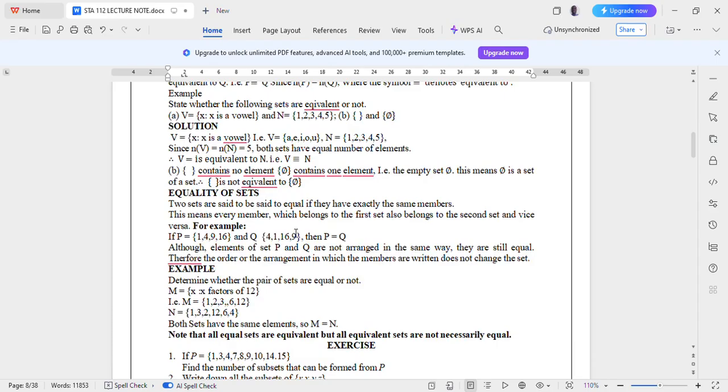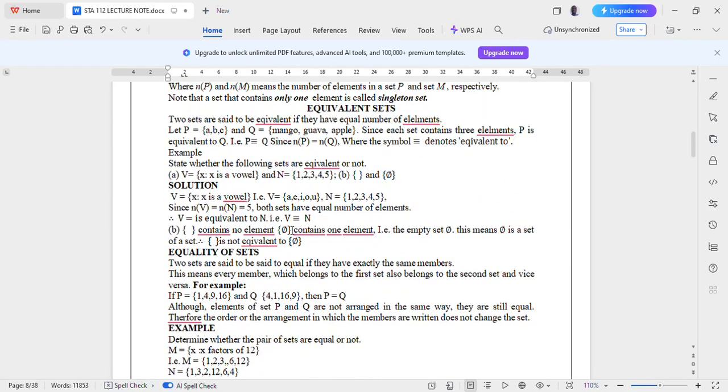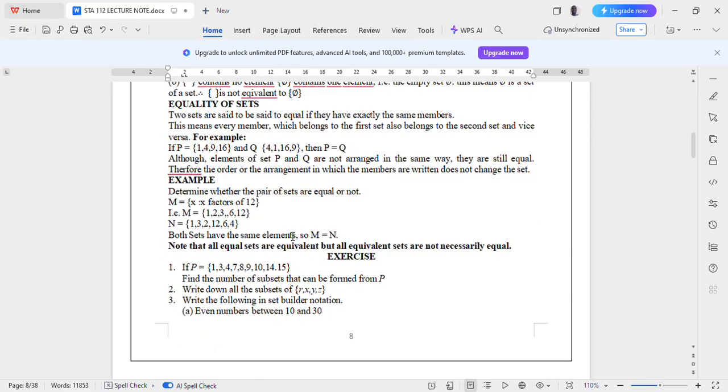There is a difference between equality and equivalent sets. Equivalent sets talk about cardinality, the number of elements, while equal sets must have the same things. They must look alike. What you find in A, you must also find in B for them to be equal. Know that all equal sets are equivalent, but not all equivalent sets are necessarily equal.